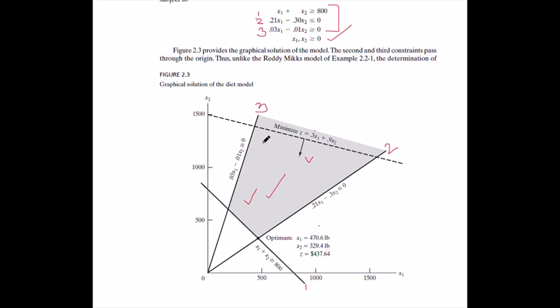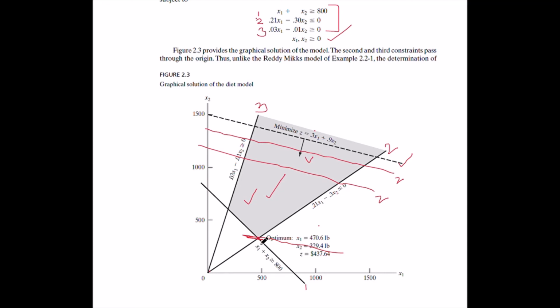From the drawing, we can have some parallel lines or contour plots, which will show the value of z for different constants. Ultimately we can draw a line passing through this, which has the same slope as the minimizing z objective function, and thus we get to know that this is the optimal point where we will get the minimum z value.